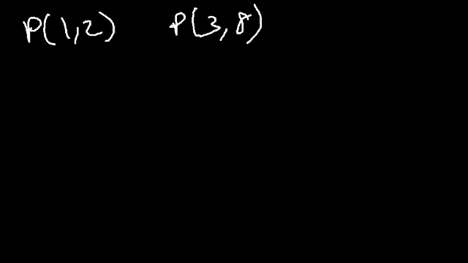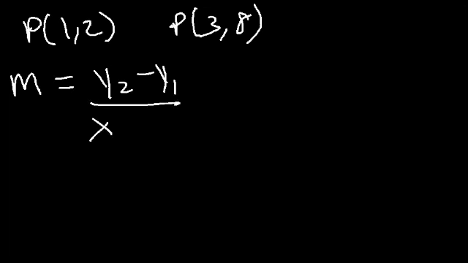Instead of a point and a slope, what if you're given 2 points? Let's say the point (1, 2) and the point (3, 8). How can you write the equation of the line in slope-intercept form given these 2 points? So the first thing you need to do is calculate the slope between the 2 points. You can use this equation to do so.